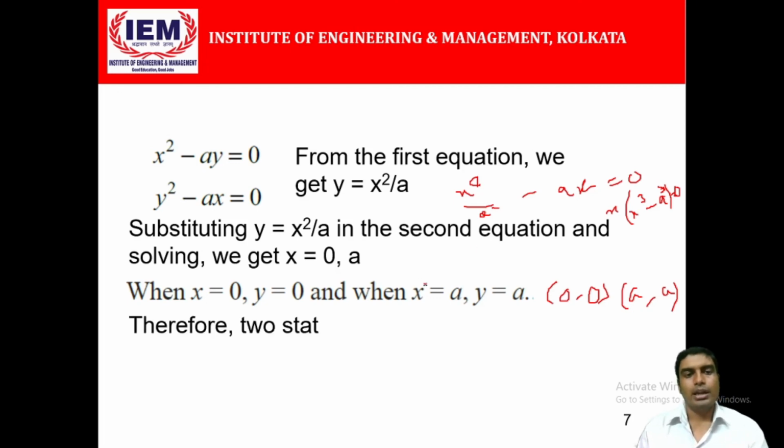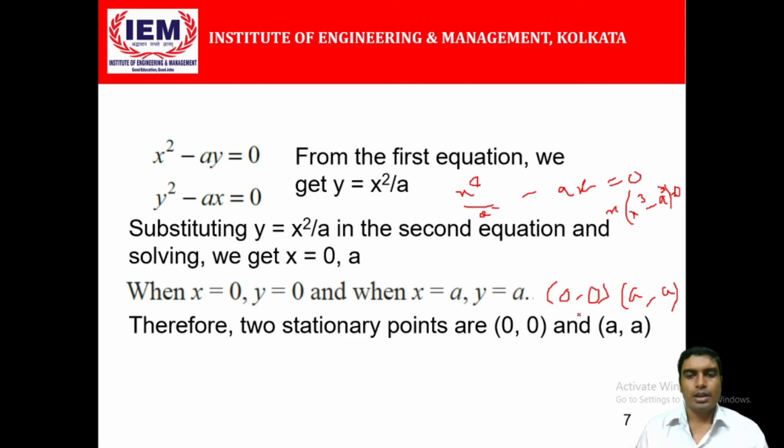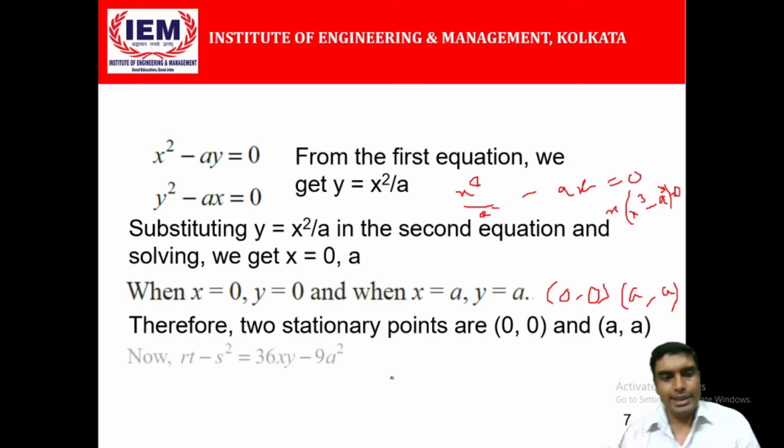At that point we have to plug in the a and b values, then we'll get rt minus s square equal to this term we have seen. r and t we have seen, that is 6x and 6y, so that is 36xy, and this one is negative of 3a, so 9a square, negative is already there.